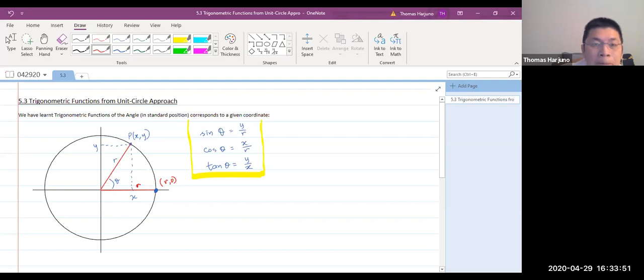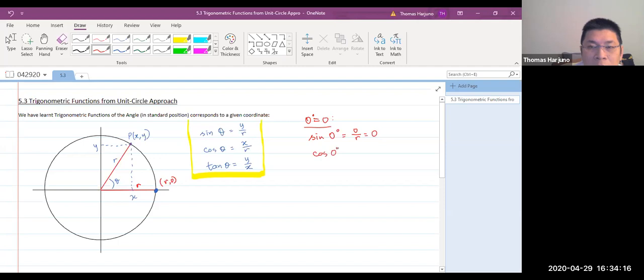Okay, so for 0 degrees, or you can also say for 0 radians, sine 0 degrees will be y over r. The y is 0 over r, so this is 0.